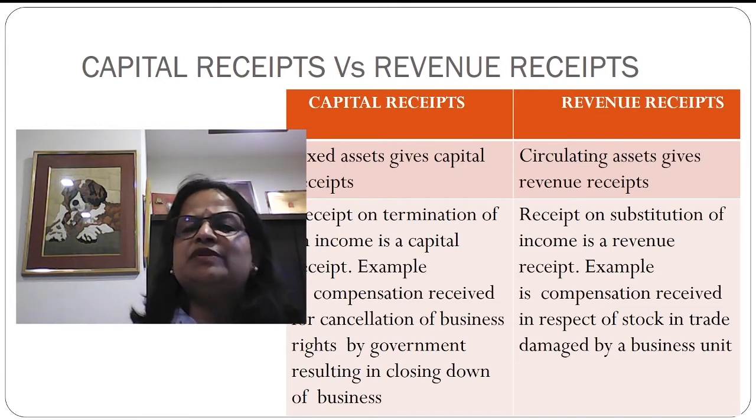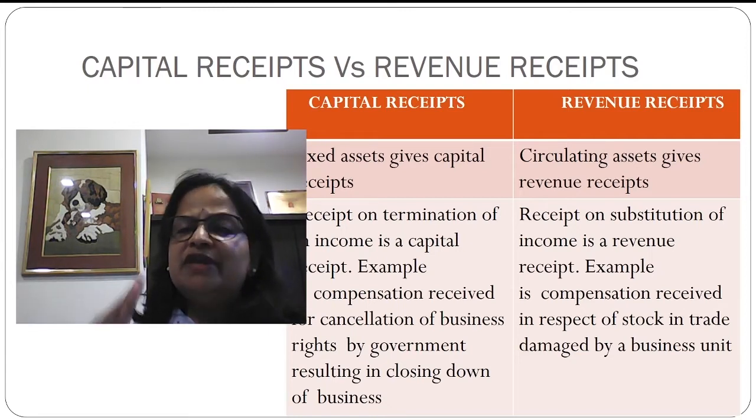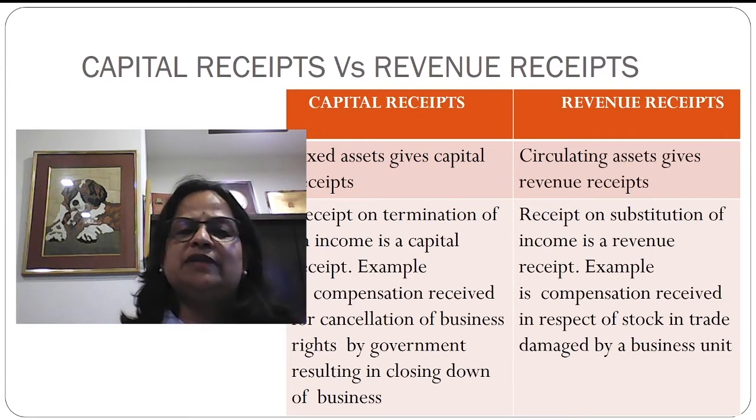Whereas revenue receipt means circulating assets give revenue receipts. If you go to a shop, every day customers will be coming there and buying the items. As the items are sold, they are replacing the items. So it is circulating. Whenever it's getting sold, they are replacing that. So that is the revenue receipt.